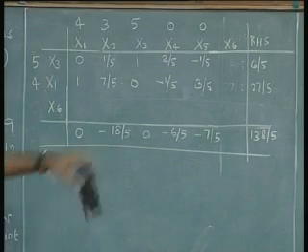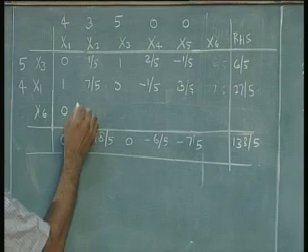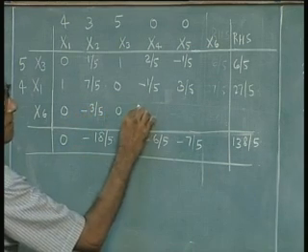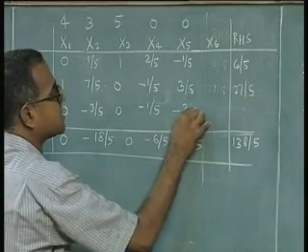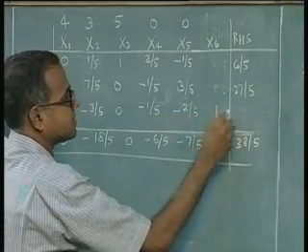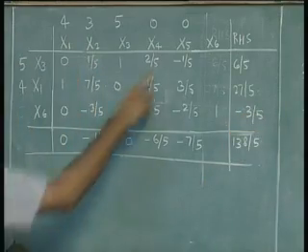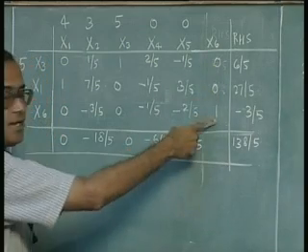Now we write this constraint. So this is 0 x1 minus 3 by 5 x2, 0 x3 minus 1 by 5 x4 minus 2 by 5 x5 plus x6 equal to minus 3 by 5. Now these two will not have x6, so x6 will have 0, 0, 1 identity column.